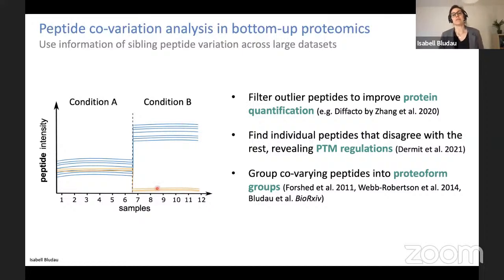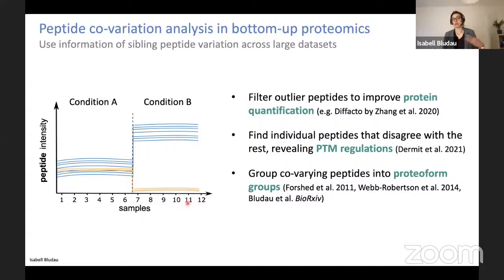And this can be explained by different strategies, but one thing that you can appreciate already is that if you do a classical bottom-up proteomics workflow and you just do protein quantification here, and you would consider all peptides, this would actually result in a fairly bad quantification based on these orange peptides.